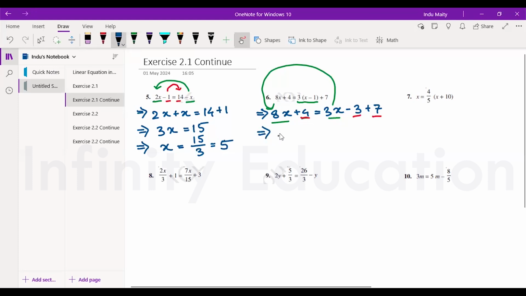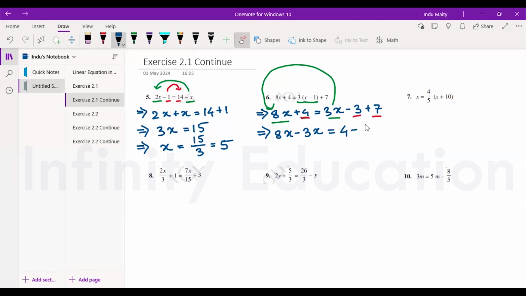So we are having 8x minus 3x, keeping this 3x on the left side. As it was positive 3x on the right side, while taking it to the left, we have converted it to negative 3x. So 7 minus 3 is 4, and we are having this plus 4.